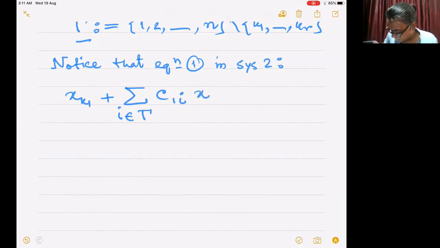This i is coming from gamma, which means those k1 up to kr don't appear here.